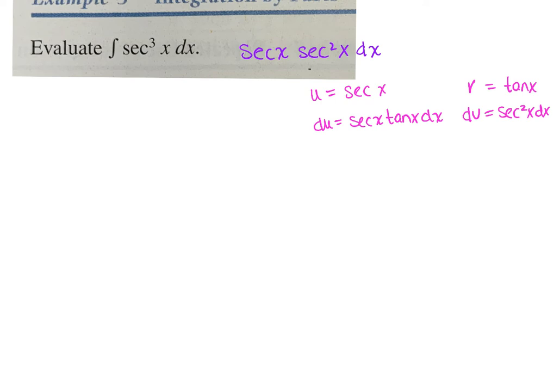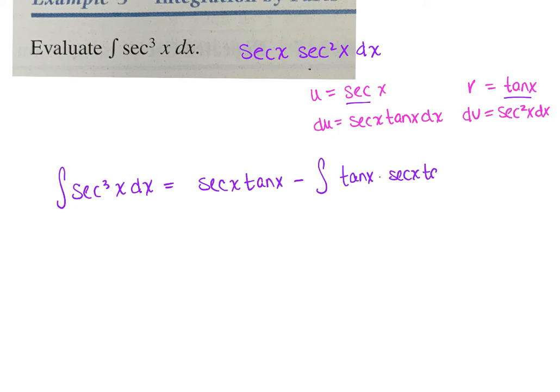So if I were to write this, I am evaluating the integral of secant cubed of x, right? That's going to equal u times v, secant times tangent, minus the integration of v, that's tangent, times du. Well, that's secant x tangent x dx.